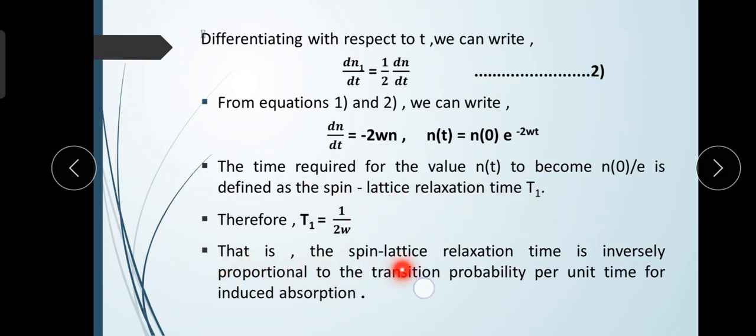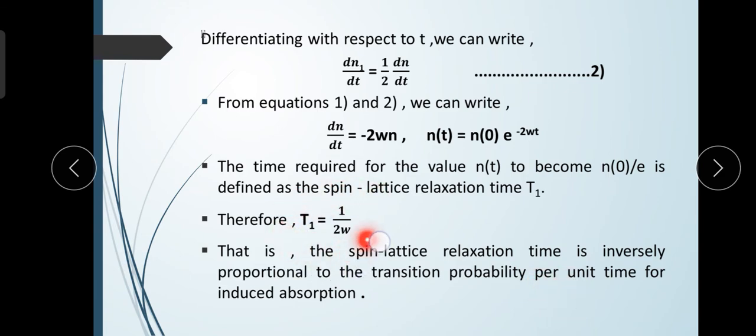So the spin lattice relaxation time is inversely proportional to the transition probability per unit time for the induced absorption. Induced absorption means here we incident electromagnetic radiation, but in NMR generally radio waves, and due to this there is an induced absorption, that is an excitation of the spin from the lower energy level to the upper energy level, and for this absorption the spin lattice relaxation time is inversely proportional to the transition probability per unit time.